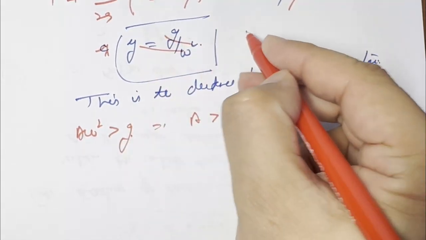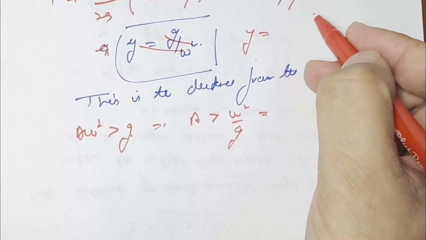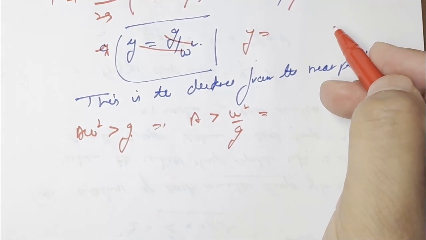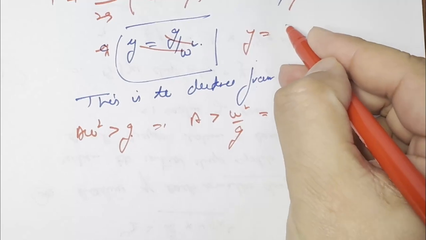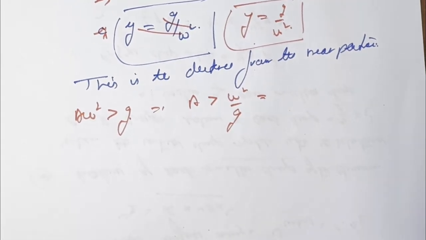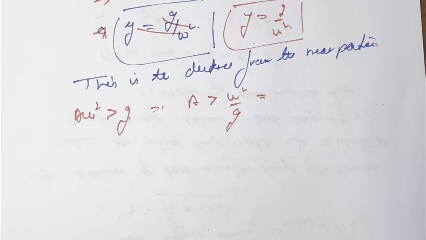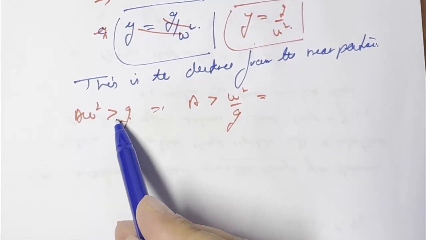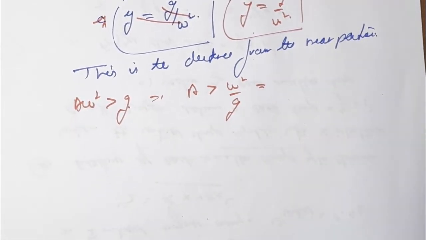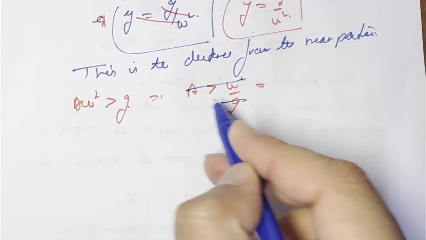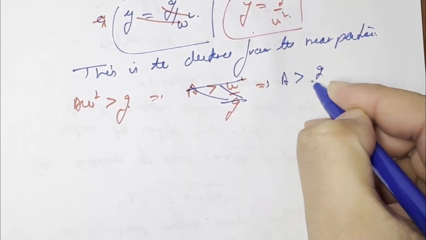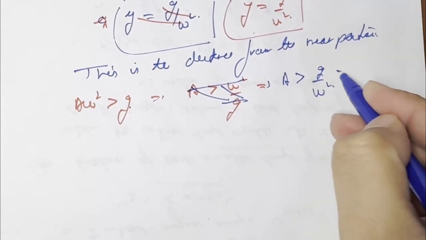My mistake, for a moment there was a confusion on my part, y is equal to g upon omega square, this is correct. So from a omega square greater than g, we can say a is greater than g upon omega square, or a is greater than y.